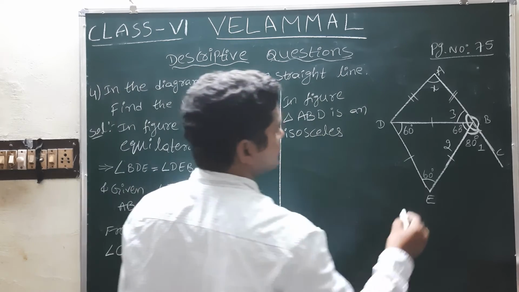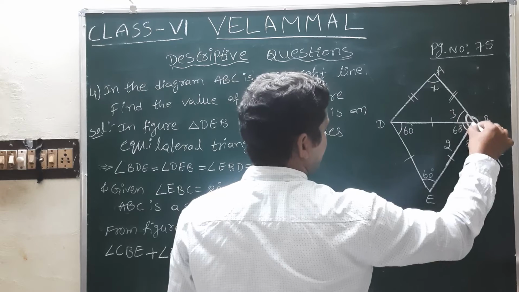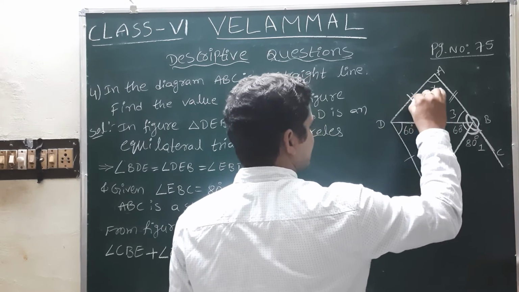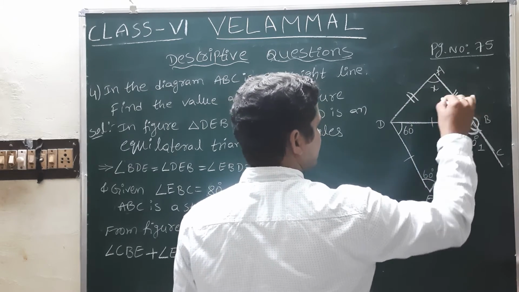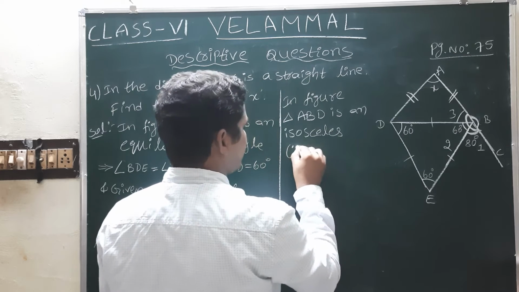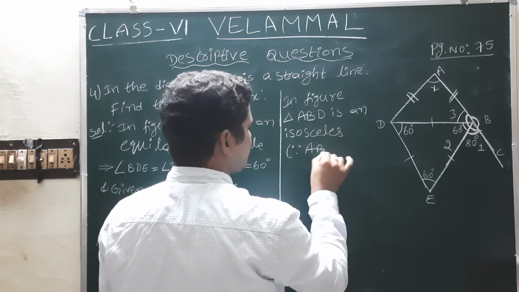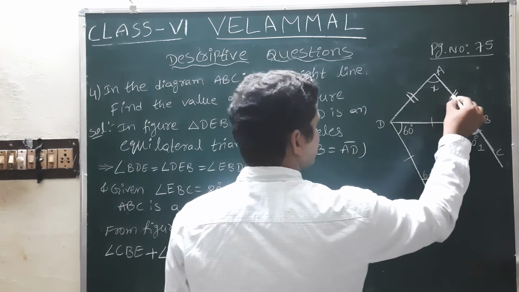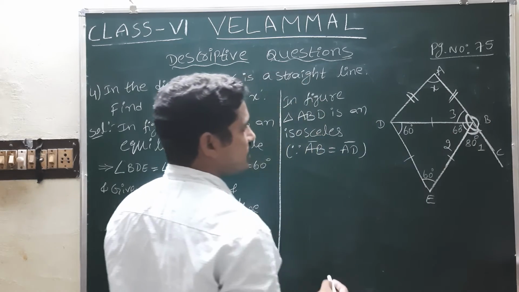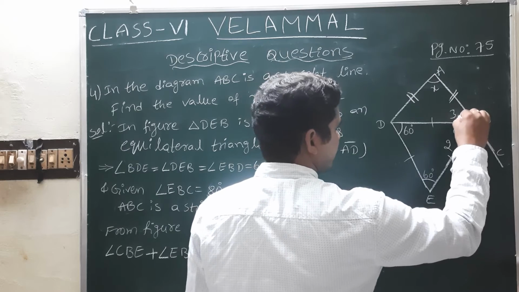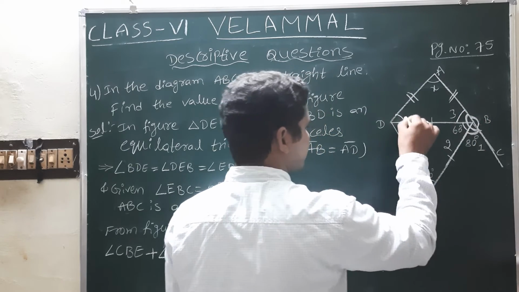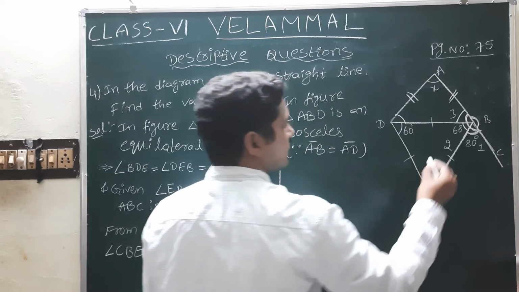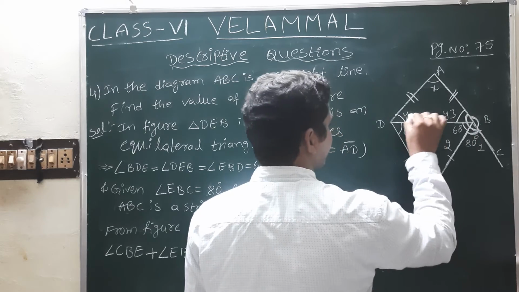Why isosceles? See, sides AB and AD are given as equal. So these two are equal, given. Since AB is equal to AD, these two angles are equal. So this angle also will be the same. Let that angle be y and y.